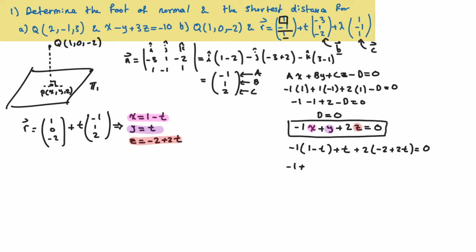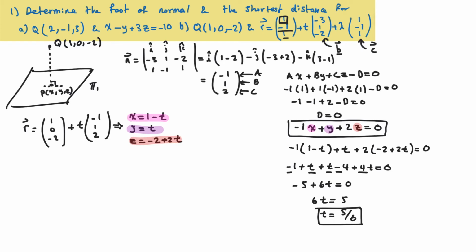That's -1 plus t plus, well, minus 4 plus 4t is equal to 0. We get that by expanding the top line. And we get -1, -4, which add up to -5, plus t plus 4t, that's 6t, is equal to 0, and that means that 6t is equal to 5, or t is equal to 5 over 6.